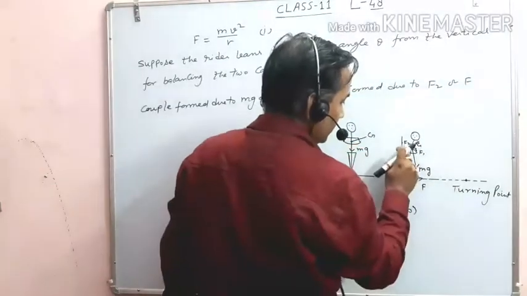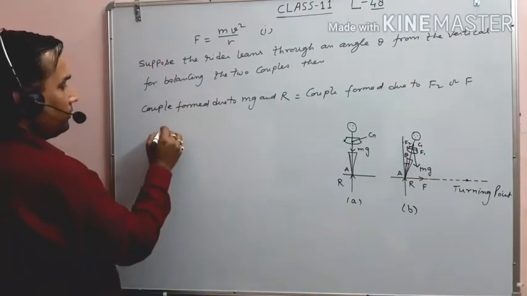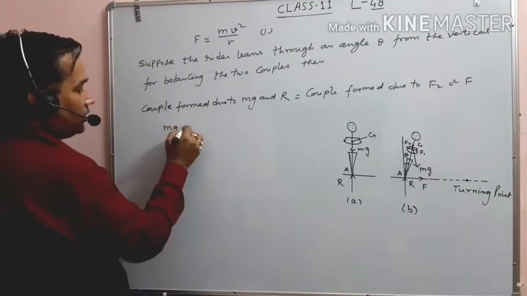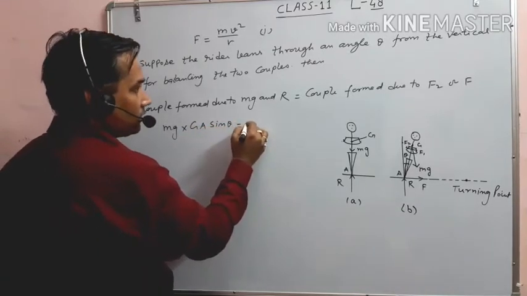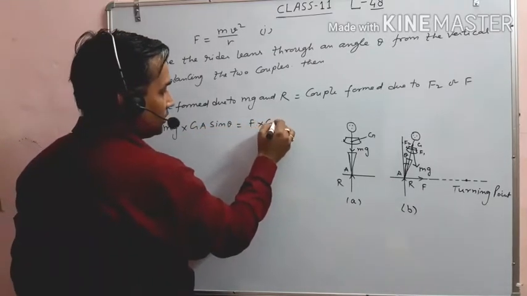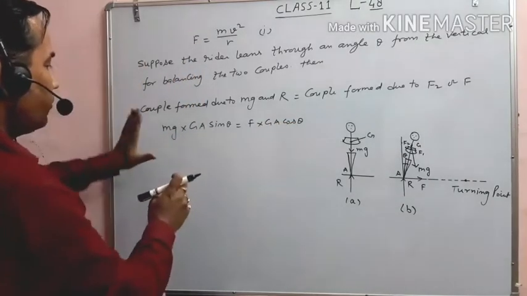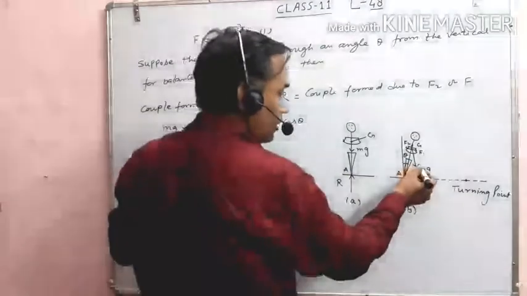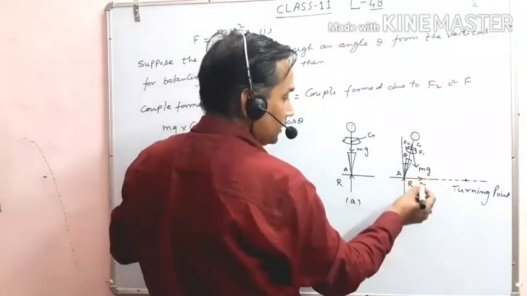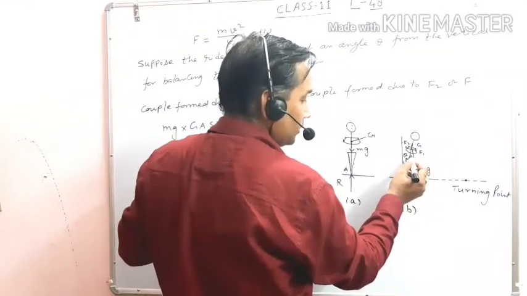So this becomes mg into GA sin theta is equal to F into GA cos theta. So here couple is force into perpendicular length. So the perpendicular length, here you can see when you drop the line, then one triangle is generated here. This is theta, and also this is an alternate angle, so that is theta.